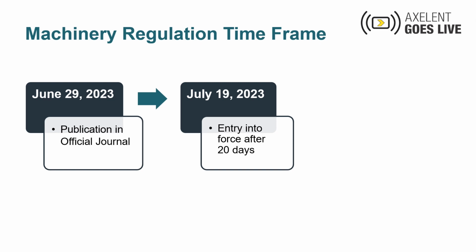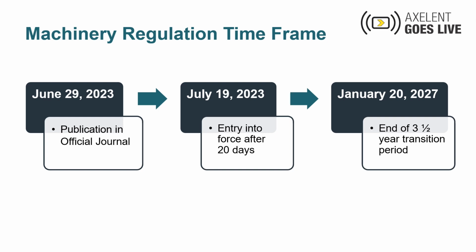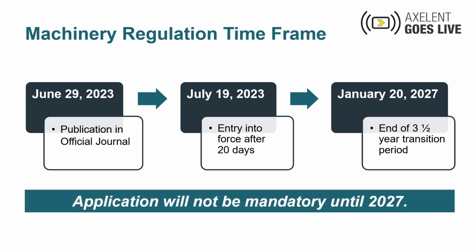But manufacturers and others will have to apply it only as of January 2027. Can you give us a brief overview of what is new? I sure will. But this is a very lengthy, large document, so let me focus on just a few things that I think are very interesting.